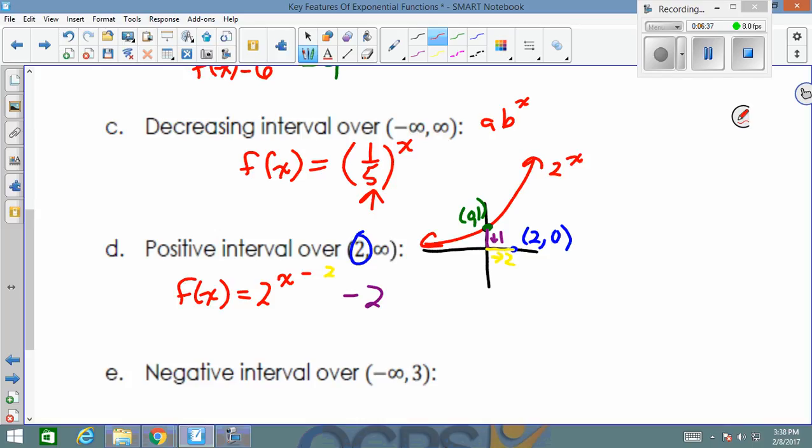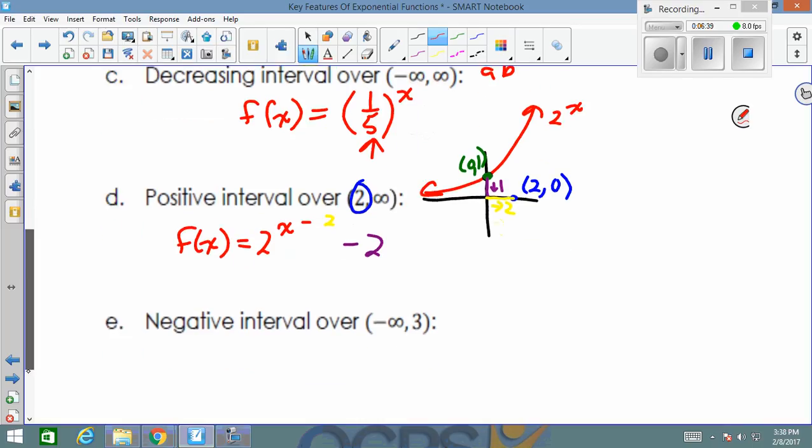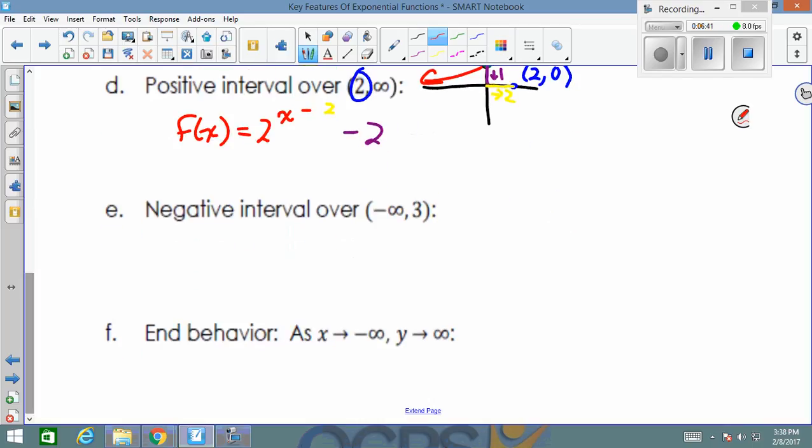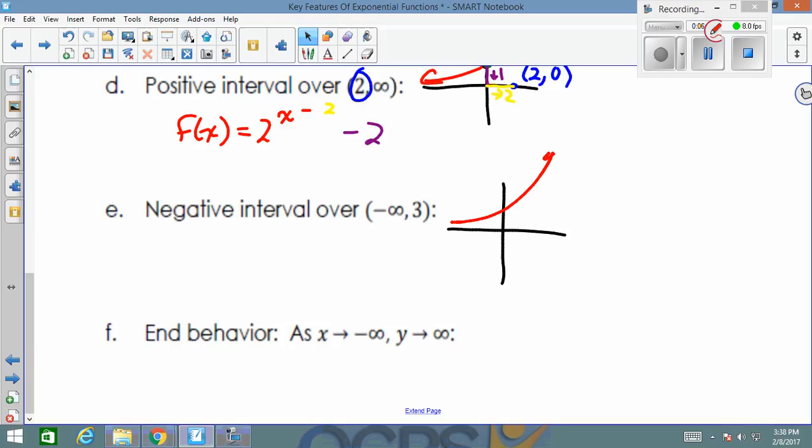2 to the x, then reverse transformation. Same thing with the next one. We have a graph here. Let's just say again it's 2 to the x. We have this point that's at 0, 1, and I need to move it to 3, 0.